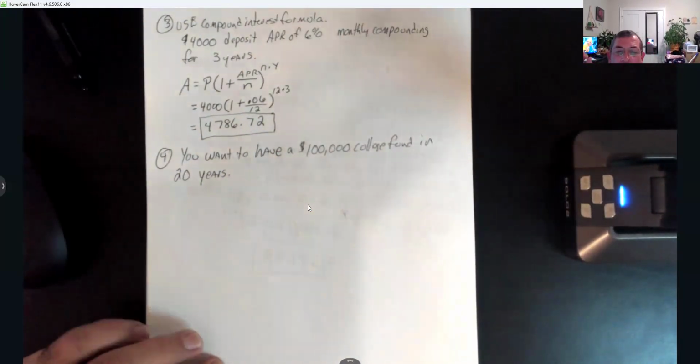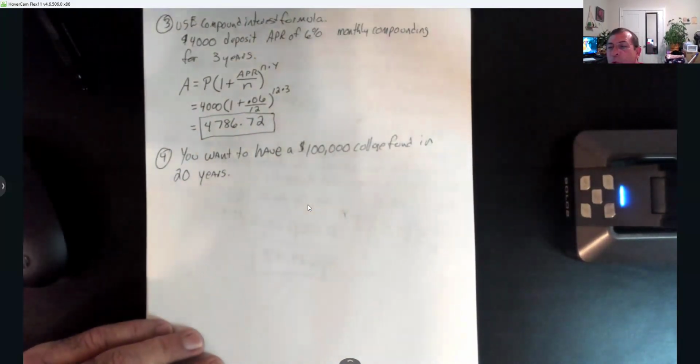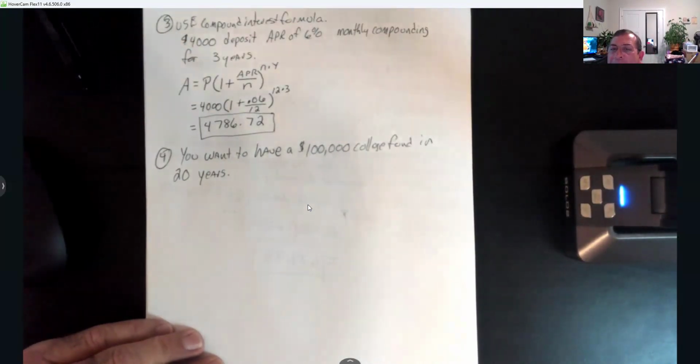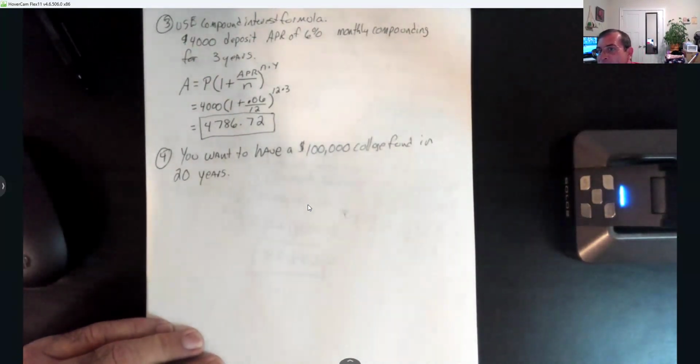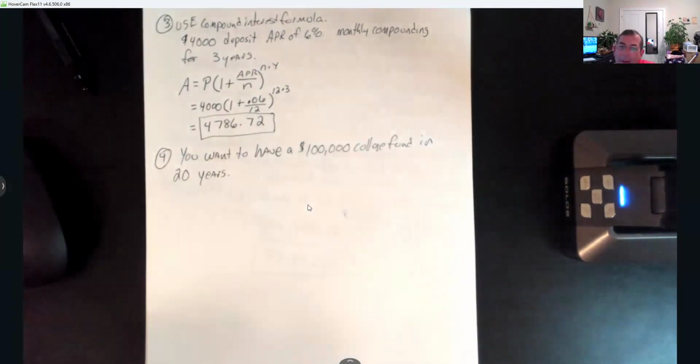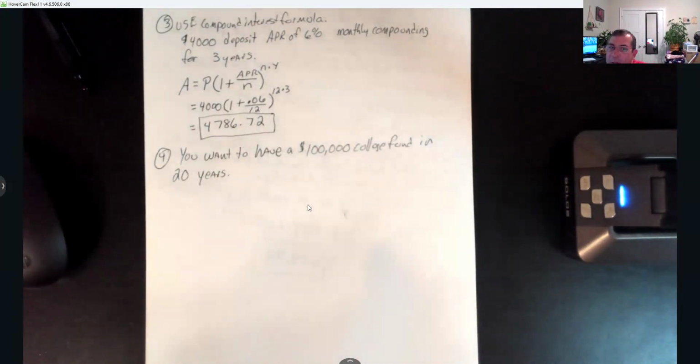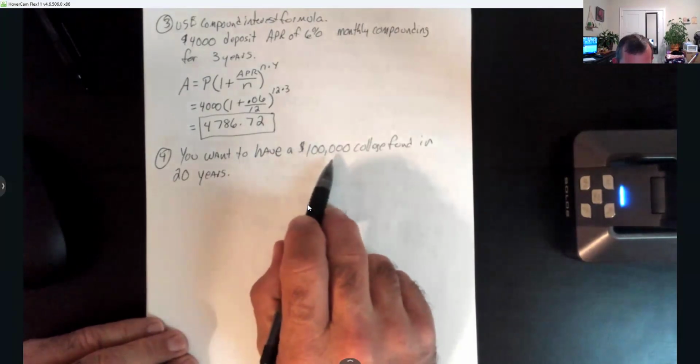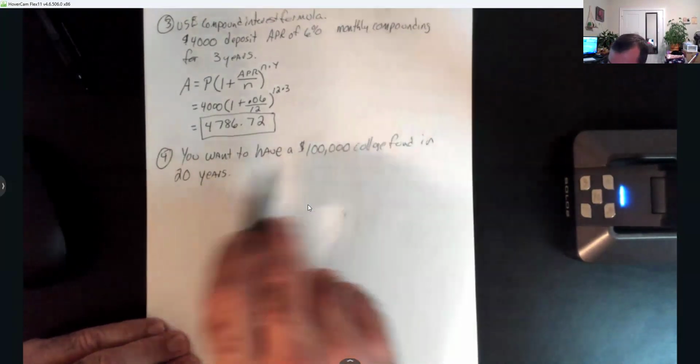Okay, I want to have a $100,000 college fund in 20 years for my future kid that I'm about to have. Okay, I'm about to have a kid and I want to make sure they're able to go to college. So I want to have $100,000 at the end of these 20 years.